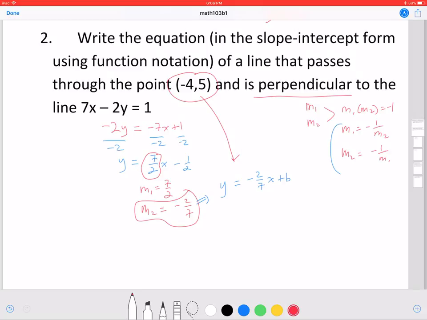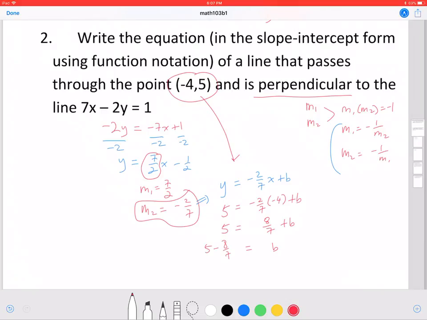So that will give me 5 is equal to -2 over 7 times -4 plus b. Doing the computation, 5 is equal to 8 over 7 plus b. So b should be 5 minus 8 over 7.